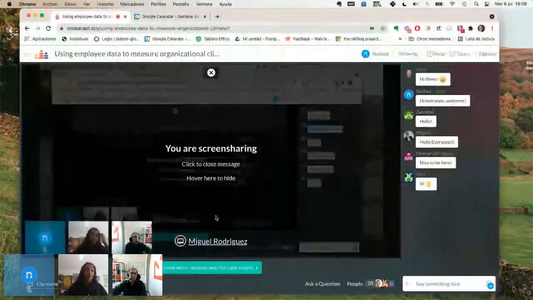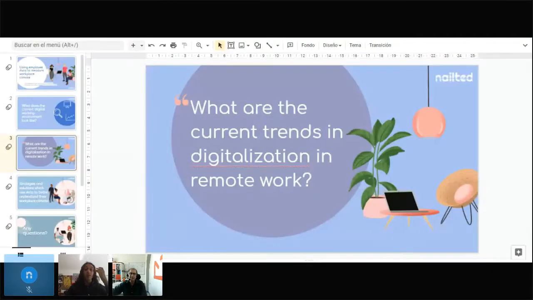And before we get into the meat of the matter, let's give a bit more specific context. What are the current, specific trends in digitalization and with remote work specifically? Everyone who's in the work world has been going through almost the same thing for the last couple of months to the last year.